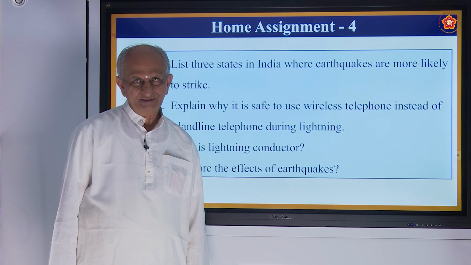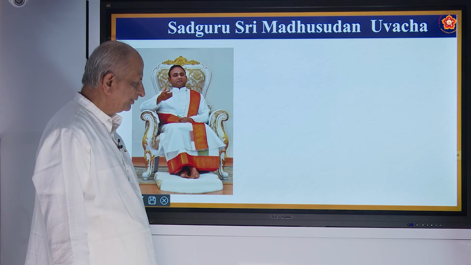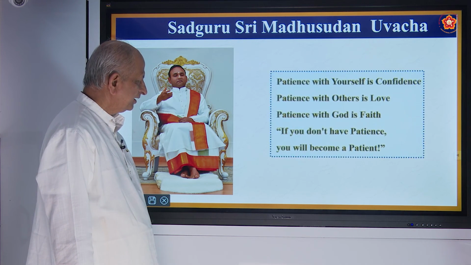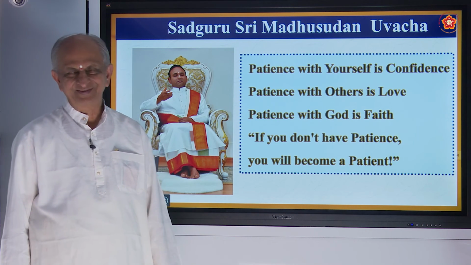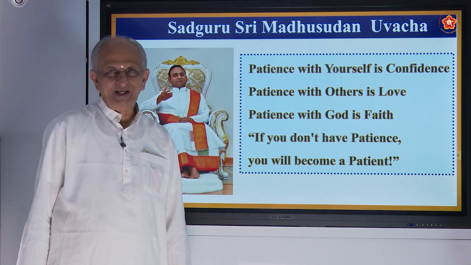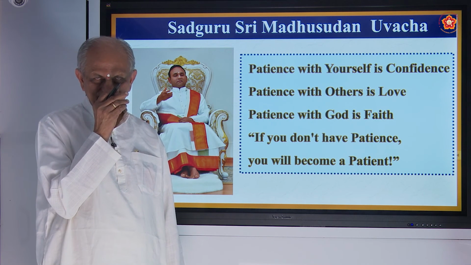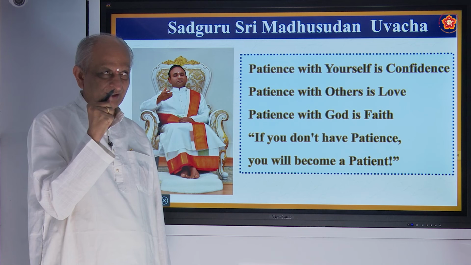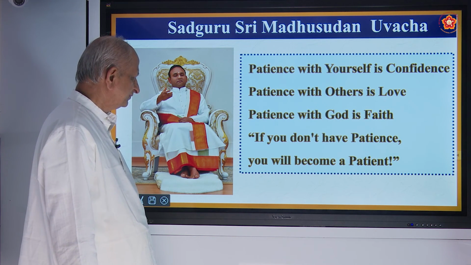Okay. Now let us see what Sadhguru Sri Madhusudan Sai says. Patience with yourself is confidence. How many are confident? Some of you, correct? So if you do your work with confidence, that is patience within yourself.